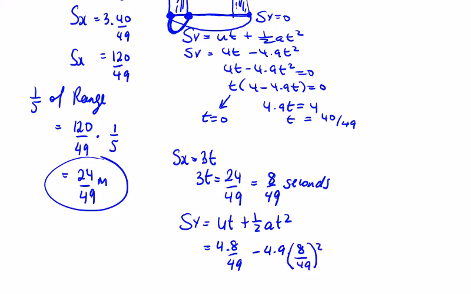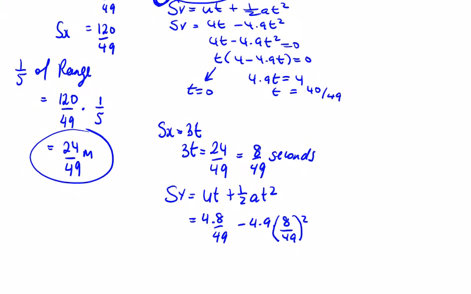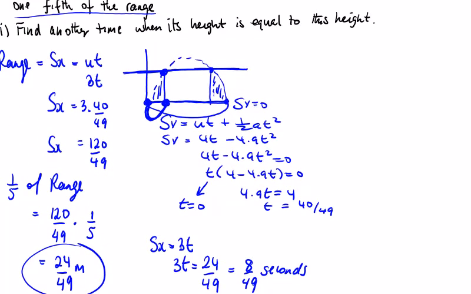And just type this into your calculator. 4 by 8 over 49 minus 4.9 by 8 over 49 squared is working out as an even fraction, 128 over 245 meters.